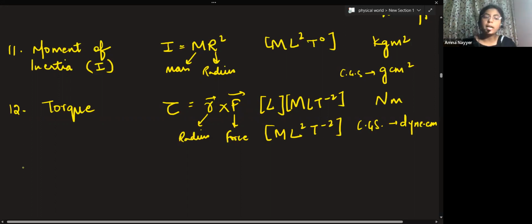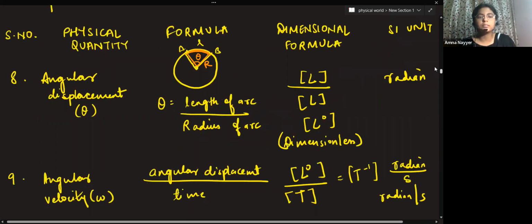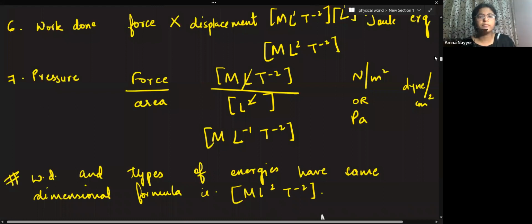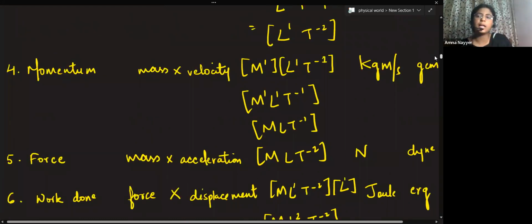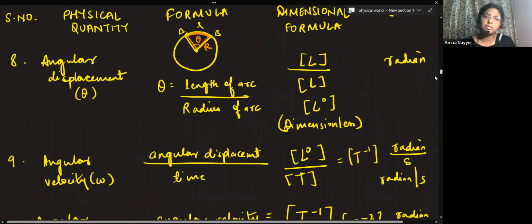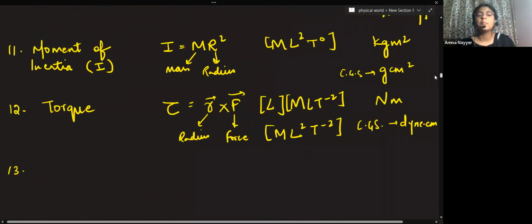Okay, momentum also we had seen in the last class. Momentum was mass multiplied by velocity, MLT to the power -1. Now, what if it is in terms of rotation? Then that becomes mass multiplied by angular velocity.